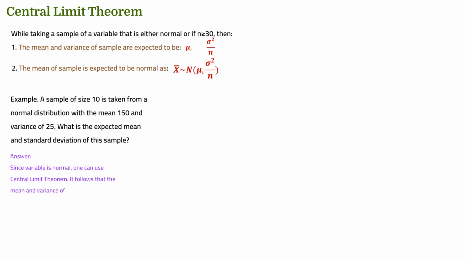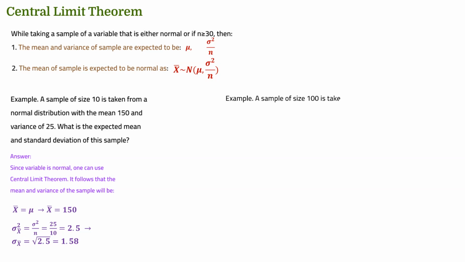It follows that the mean of X bar is mu, that means X bar is 150, and sigma squared of X bar is sigma squared divided by n, 25 divided by 10, 2.5. That means sigma of X bar, the standard deviation of X bar, is the square root of 2.5, which is 1.58.